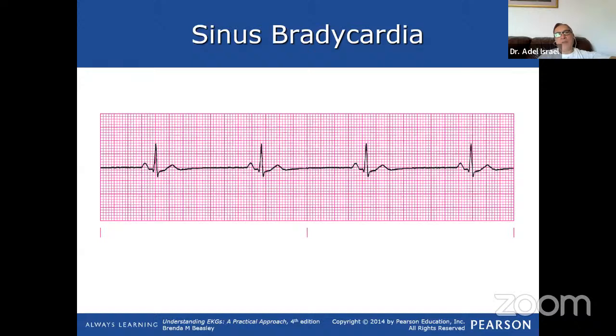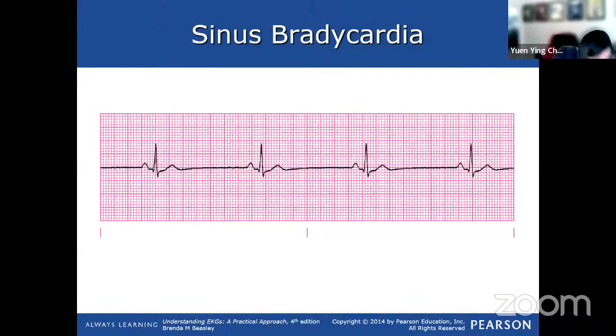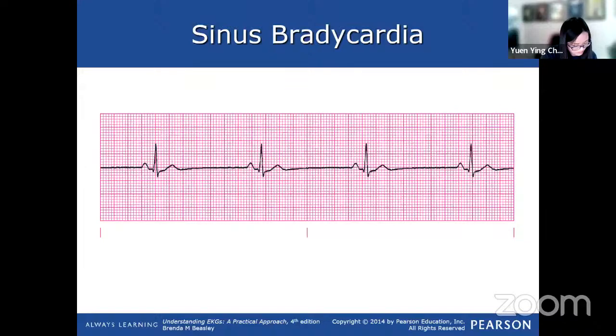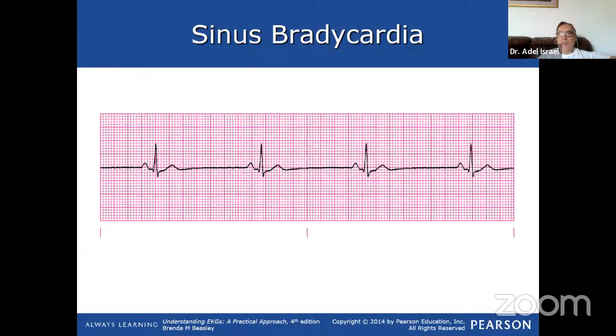Very good. Perfect. And then number 4, I count 4 small boxes, and then it is 0.16. Okay, so it is 0.16, the PR interval. Very good. And then the QRS complexes look alike.